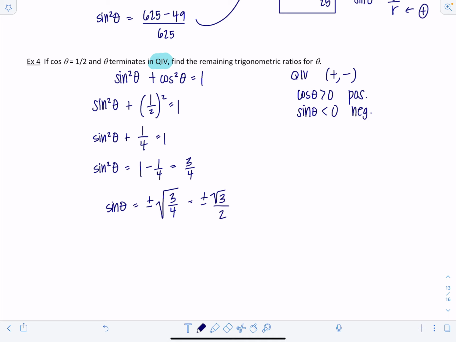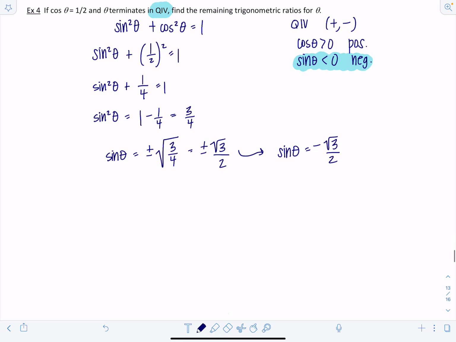And square root of 4 is 2. So notice I don't write the radical sign anymore in the denominator, only the numerator. But we said, since we are in quadrant 4, sine is going to be negative. So I'm going to choose sine of theta to equal negative rad 3 over 2 for the final answer.